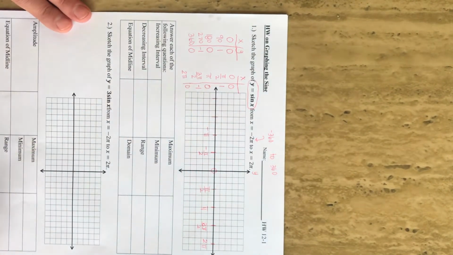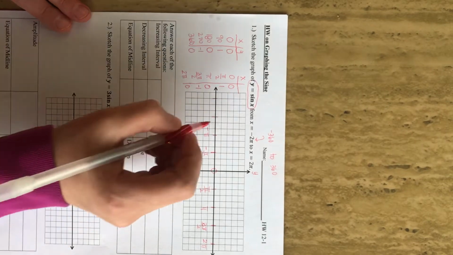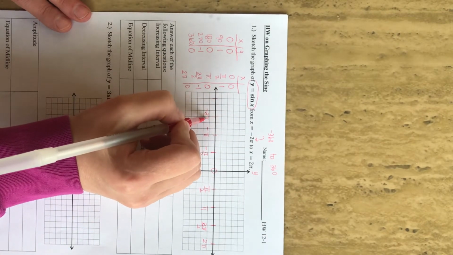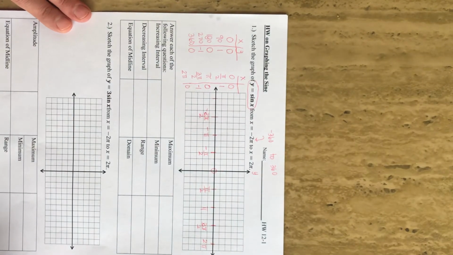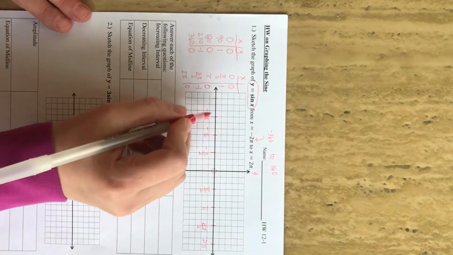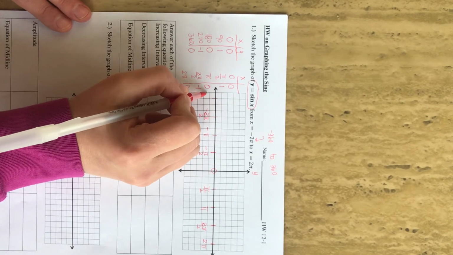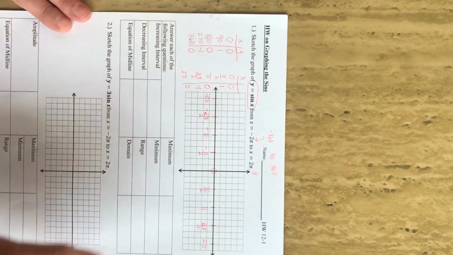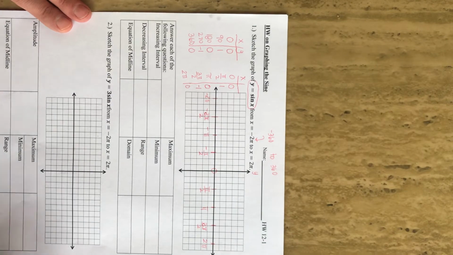Negative pi radian, which is equal to negative 180. Negative 3 pi over 2 radians, which is equal to negative 270, apologize. And negative 2 pi, which is equal to negative 360. Okay, from here we can go ahead and graph our points.